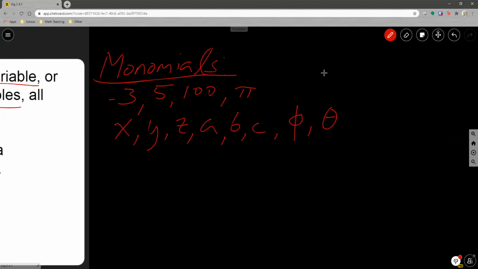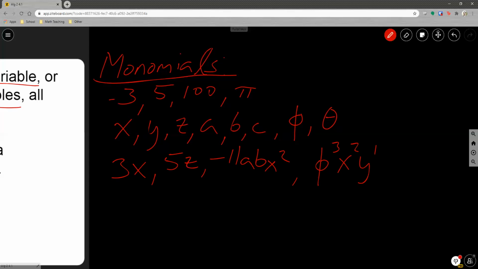So examples could be 3x, 5z, negative 11, a, b, x squared, phi to the third, x squared, y to the 100th, etc. Those can all be considered monomials.